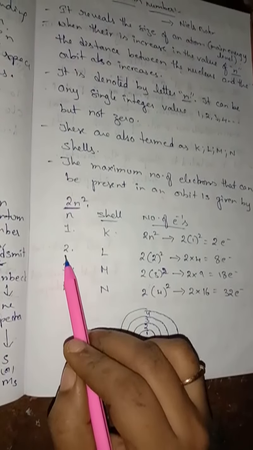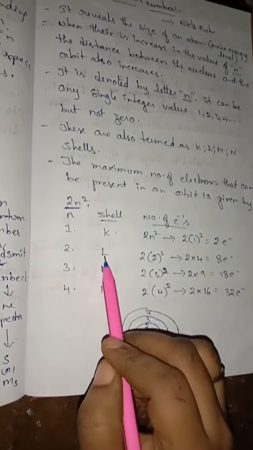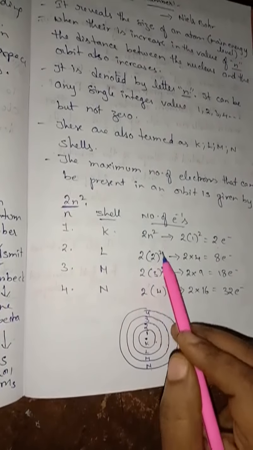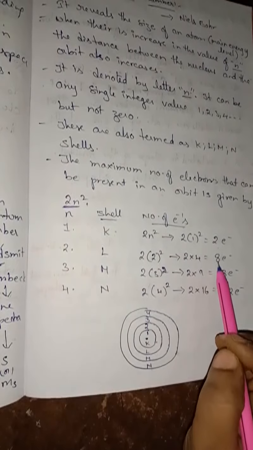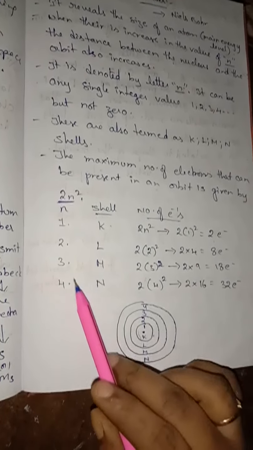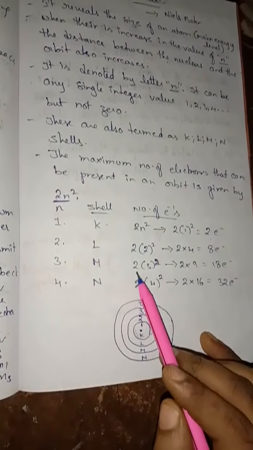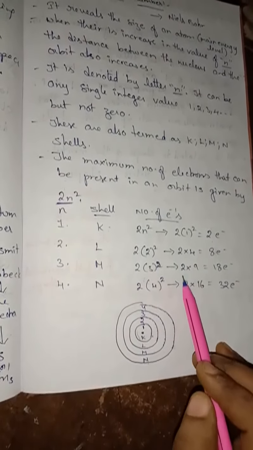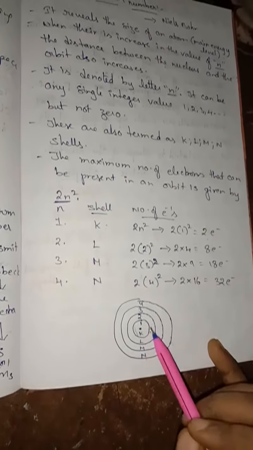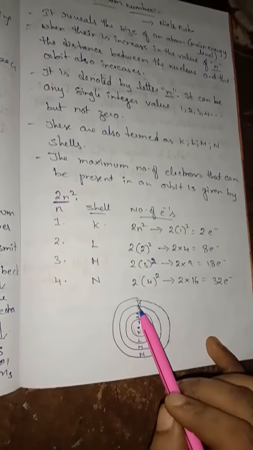Next is the second shell. When n equals 2, the shell name is L. So 2 into 2 squared, that means 2 into 4 equals 8 electrons. In the L shell, 8 electrons can be present. The next one is the M shell, n equals 3, so 2 into 3 squared, that is 2 into 9, 18 electrons can be accommodated in the third orbit.